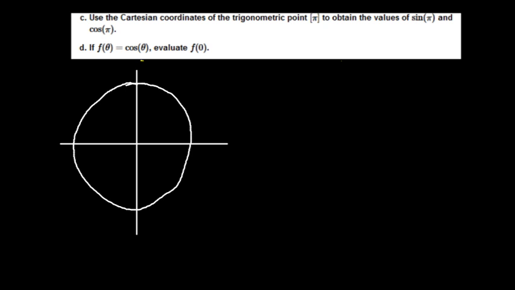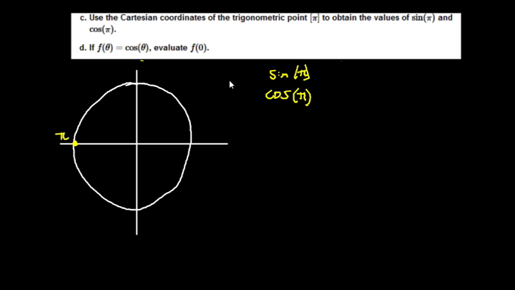So part C says use the Cartesian coordinates of the trig point pi to obtain the values of sine of pi and cos of pi. Angle pi is over here, and obviously this point here is going to be there. And we're after the sine and cos of that angle, which is pi.